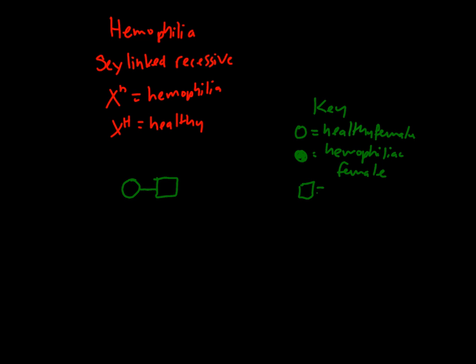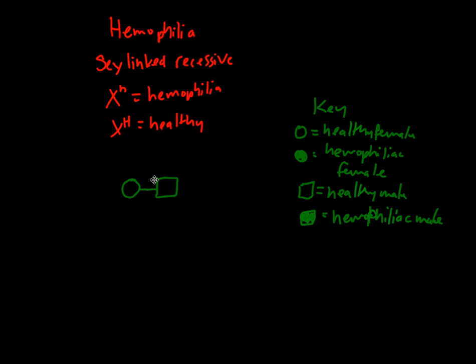Empty square would be a healthy male, so healthy male. And then a colored in square would be a hemophiliac male. Okay, and so we start out with 2 healthy parents.